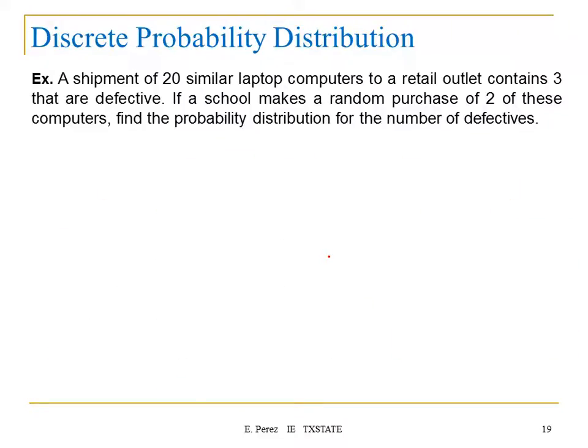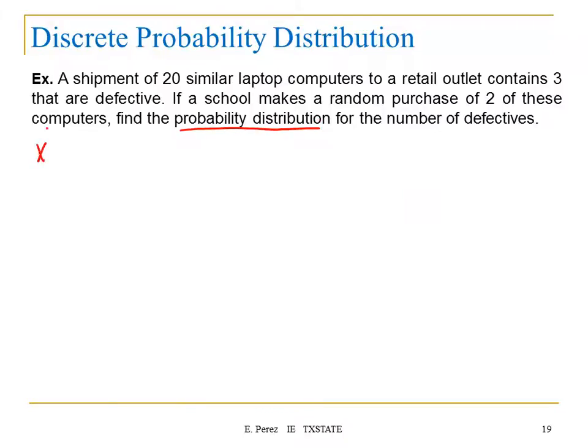From this lot, 3 of the items are defective. If a school makes a random purchase of 2 of these computers, find the probability distribution for the number of defectives. So now I'm asking about the probability distribution. I'm not asking about the random variable, but we still need to define a random variable to get to the probability distribution. Okay, so let me define that random variable.